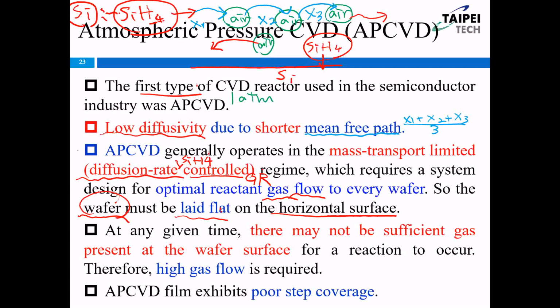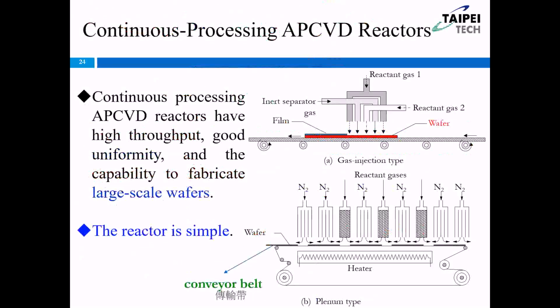What does that mean? You can see here, this is the reactor of the APCVD. So we have the reactant gas, the pipe for the reactant gas, and the red color here is the wafer. Right now we only operate one single wafer.